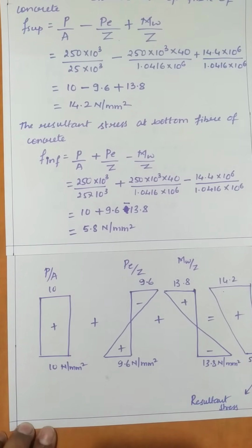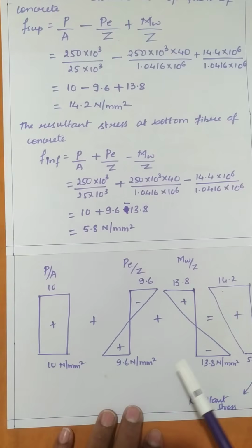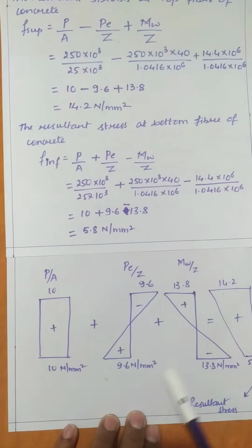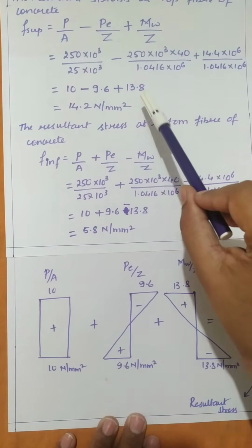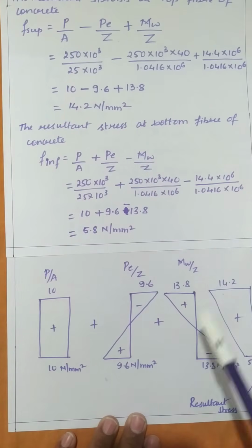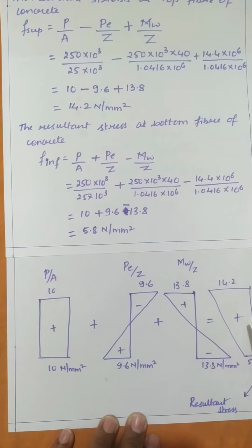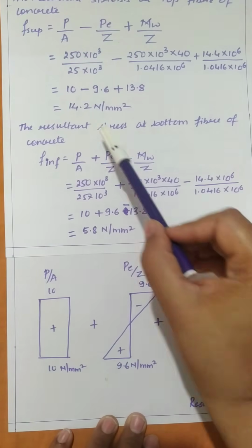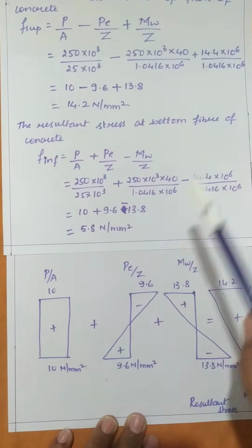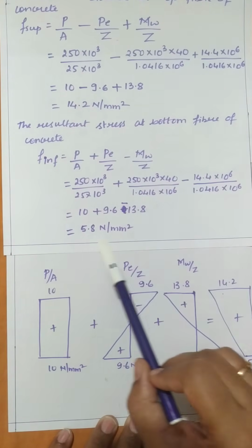Then MW by Z, that is the bending stress. It is 13.8 at top fiber positive and negative 13.8 at the bottom fiber. And the resultant stress diagram is 14.2 Newton per mm square positive at top fiber, and at bottom fiber 5.8.